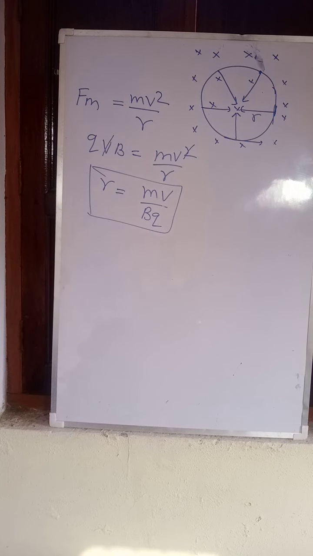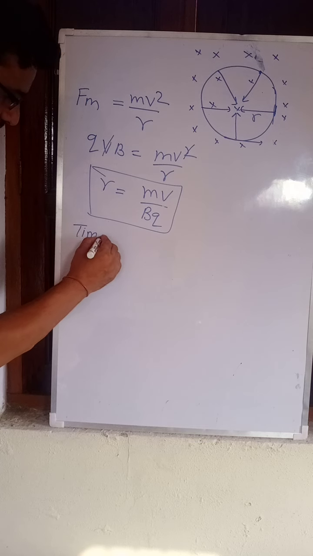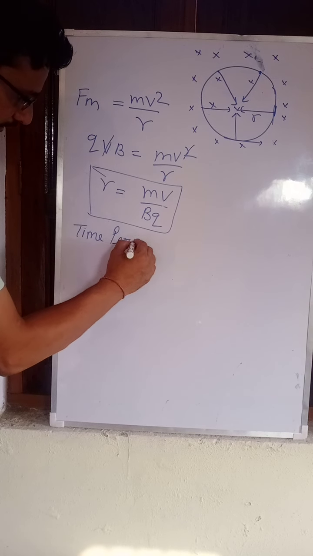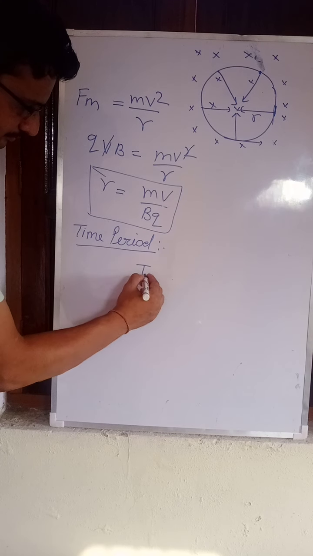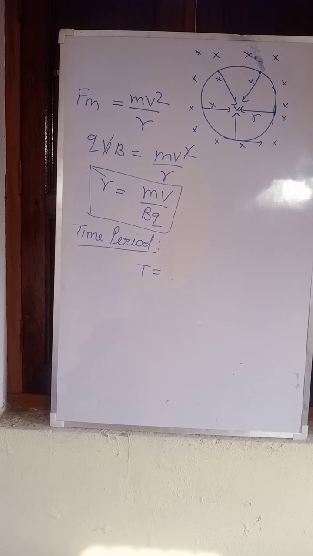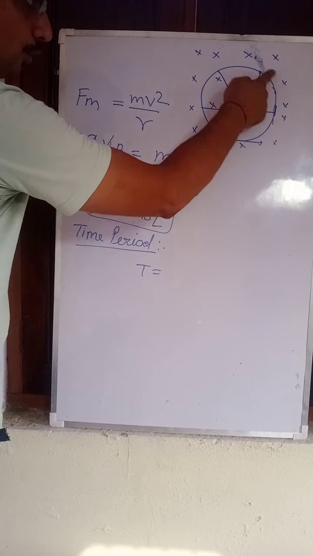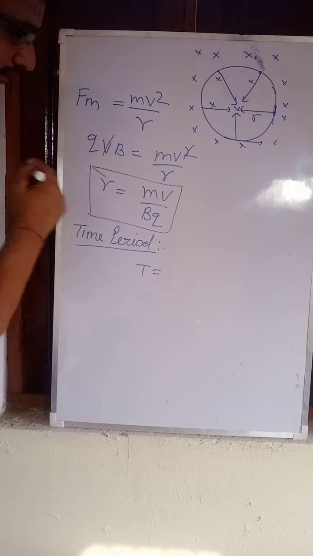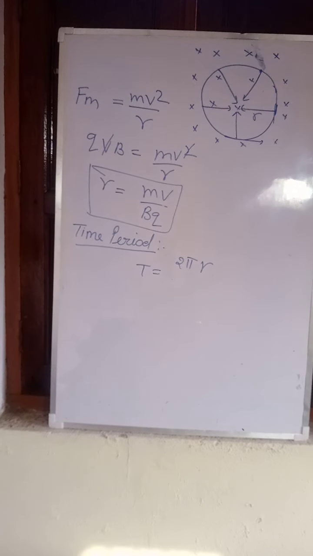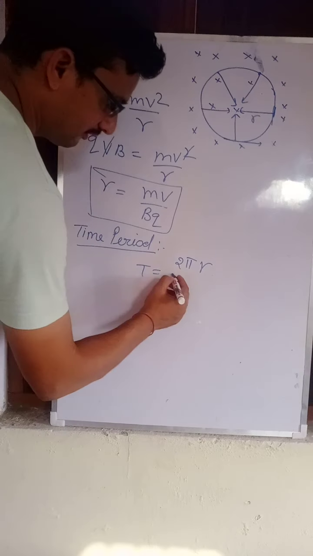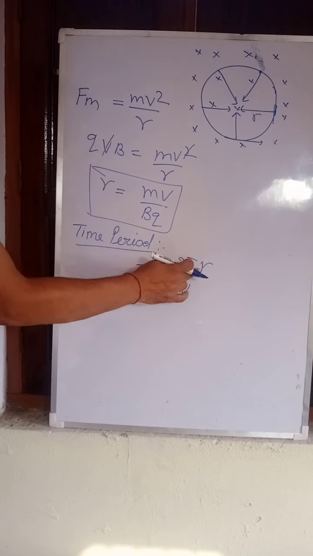Now we can find the second thing, time period T. Time period is the time taken by the charged particle to complete one cycle. So the distance of one cycle will be the circumference of the circle, 2 pi r. Velocity we have taken already v. We can put the value of r from here.